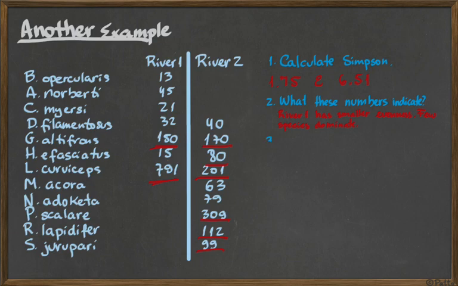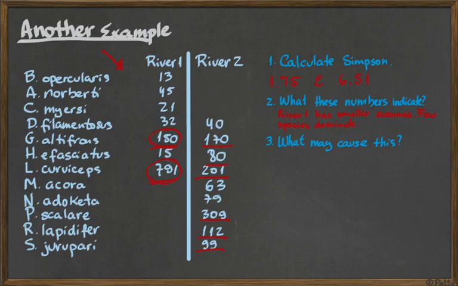Okay, so what does it mean? What is causing this? So those are 2 rivers that have similar species. What may be causing it? Maybe for 1 or 2 species to be dominating, this river with a smaller biodiversity probably has conditions that are tough for other species to live in. While river number 2 apparently has conditions that are nicer for the animals to be living in. So maybe river number 1 has pollution.